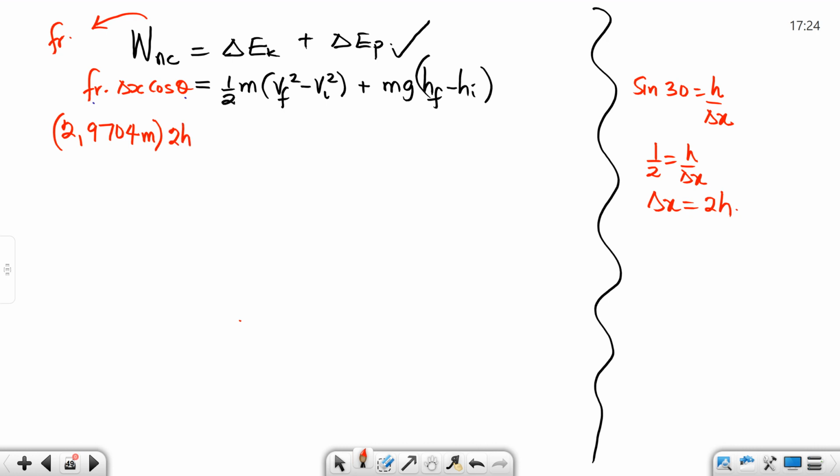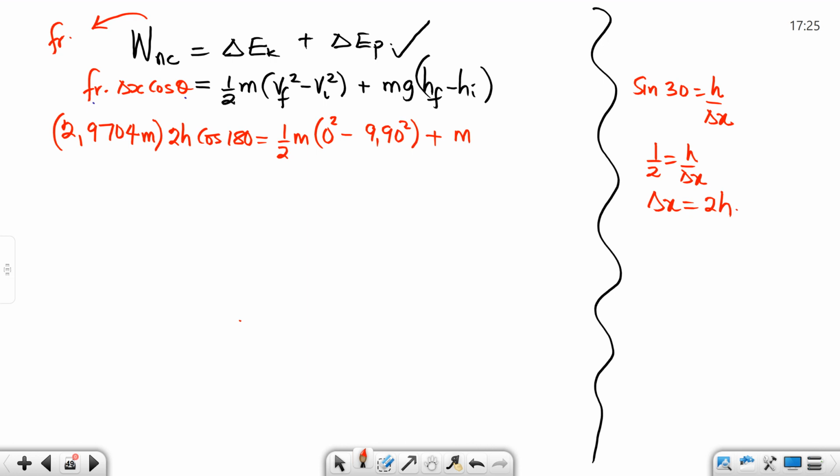So, 2h. We spoke about that theta there for friction. What did we say? 180. All the cos 180. Okay, now, let's do this together. 1 over 2. Do we know the mass? No. Do we know it's at the top? 0 squared. Plus, do we know mass?